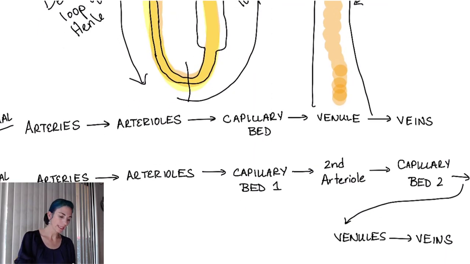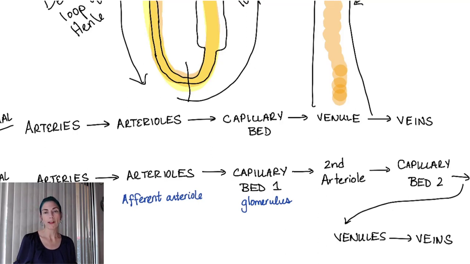So if we come back over here, let's go ahead and put these names down into our portal system. So we have the afferent arteriole, leading into the glomerulus. Remember, the glomerulus is the capillary bed that is encapsulated by Bowman's capsule. Some of the blood is going to leave via the efferent arteriole.